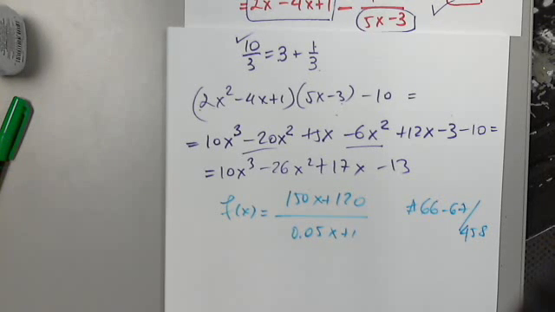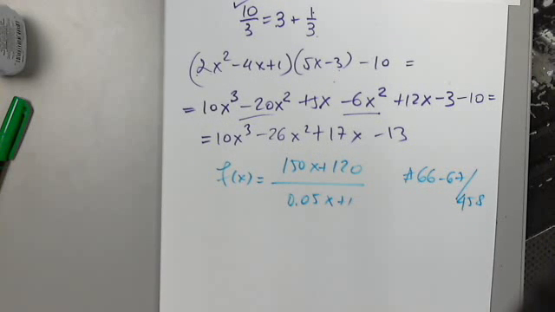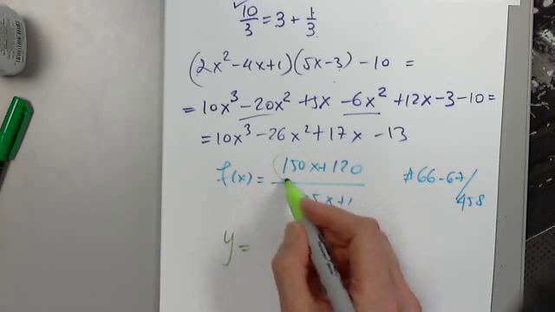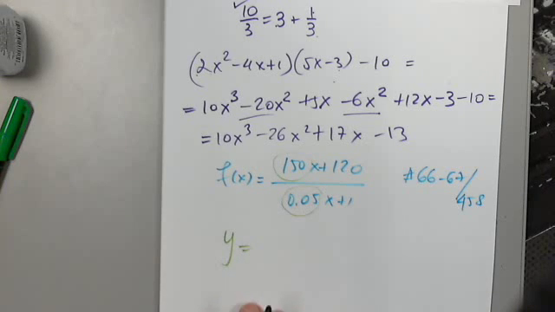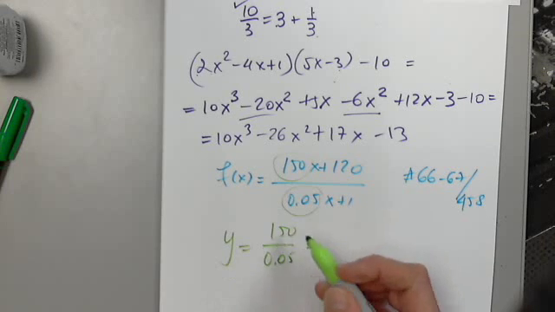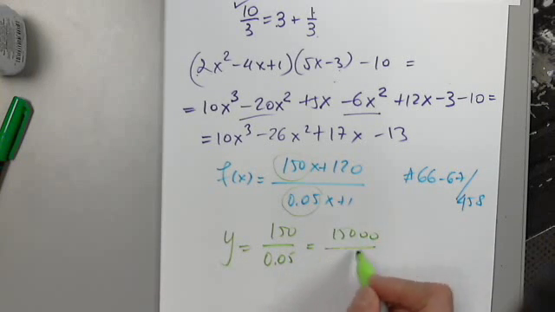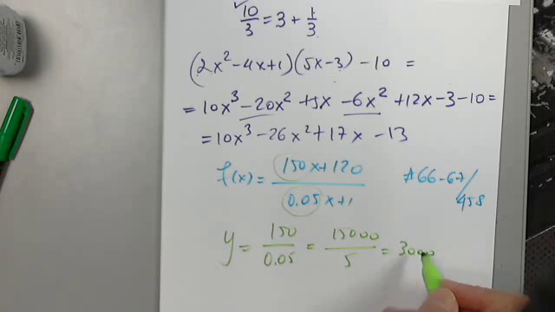And type? 1, 2, or 3? Type 2, very good. So then y will be the leading coefficient over the leading coefficient. So 150 divided by 0.05. I multiply top and bottom by 100, I'm allowed to. So this is 3,000.